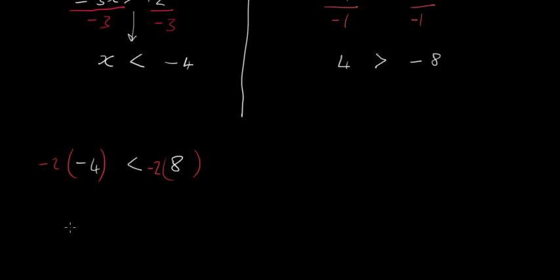Minus times minus is plus, and 2 times 4 is 8. Minus times plus is minus, 2 times 8 is 16. Now we've got a plus 8 and a minus 16, so plus 8 is in fact bigger than minus 16, so we ended up having to switch this symbol around again.